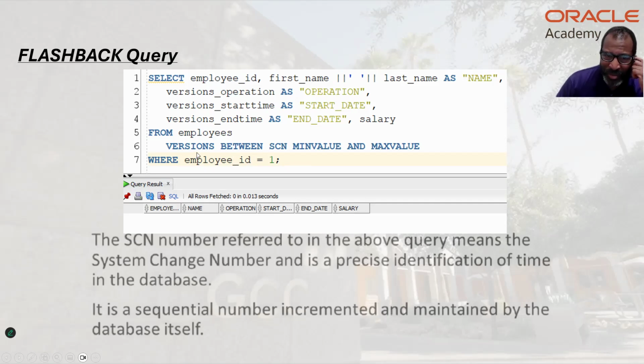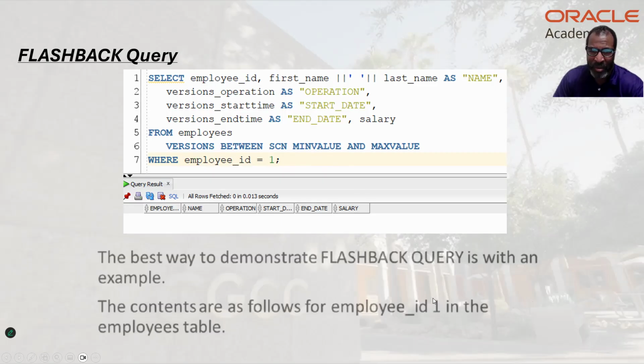And this indicates the versions of those changes. The SCN referred to above means the system change number, and it's the precise identification of time. It is a sequential number incremented and maintained by the database itself.